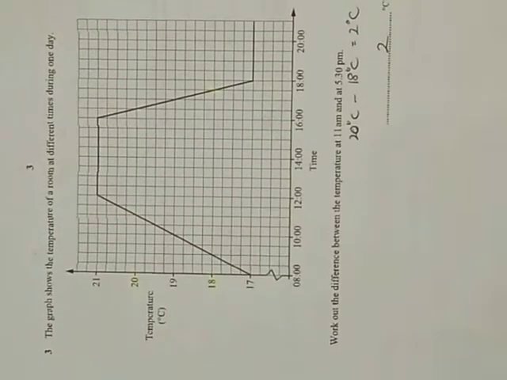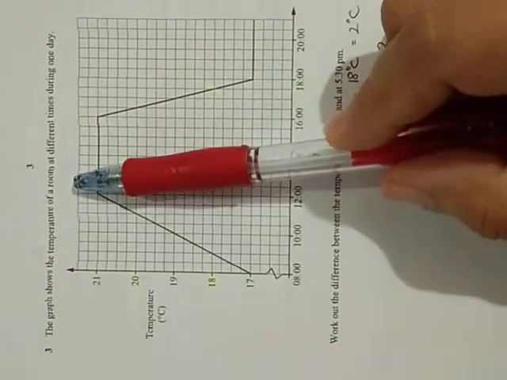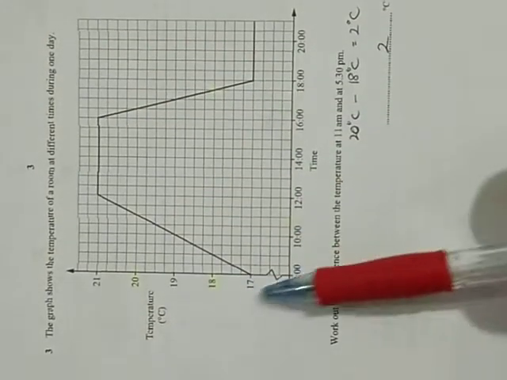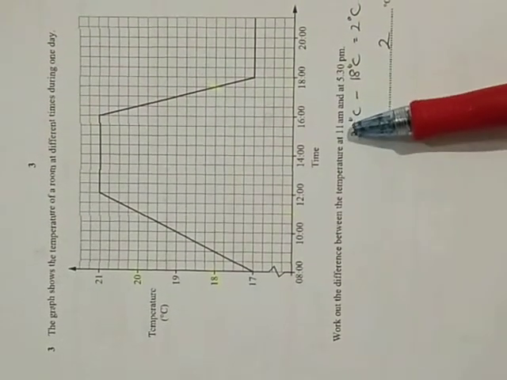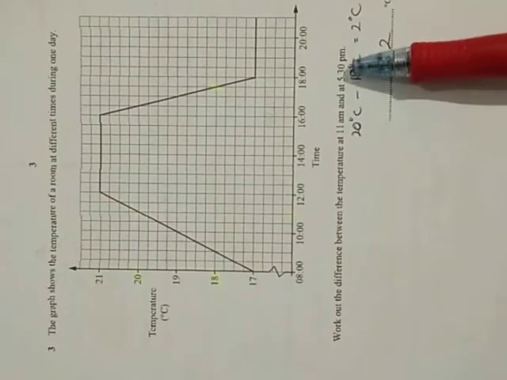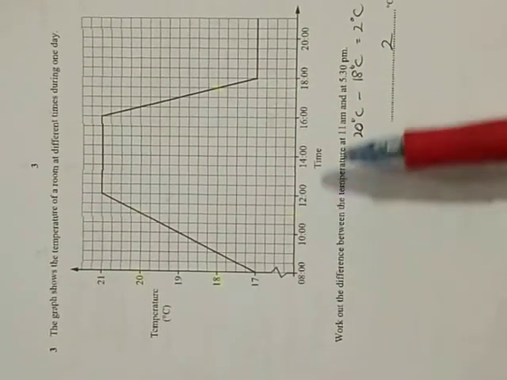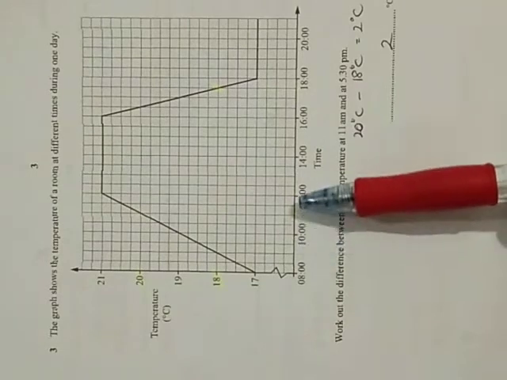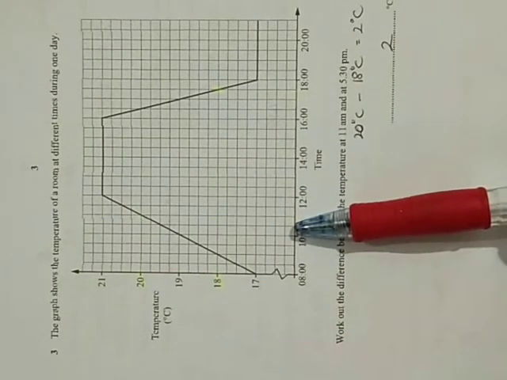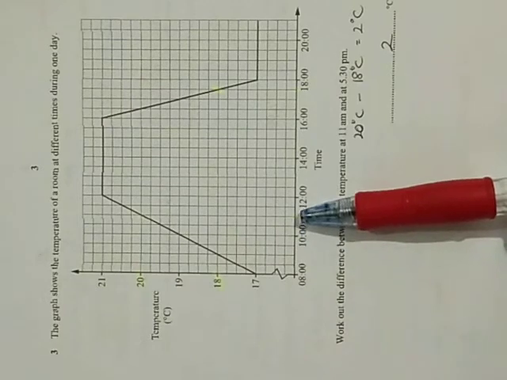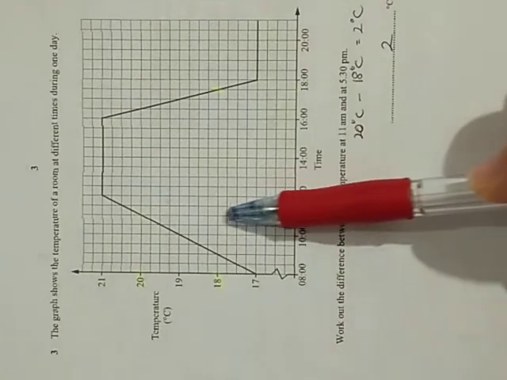Number 3, the graph shows the temperature of a room at different times during one day. Work out the difference of the temperature at 11 a.m. and 5:30. Look at the graph. 11 a.m. is between 10 and 12. Notice that one grid represents half an hour. So over here, draw a straight line up.